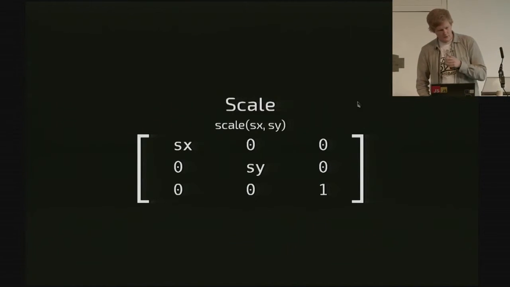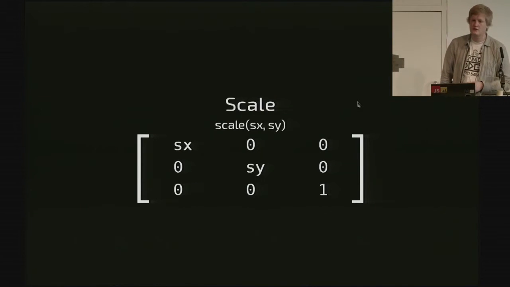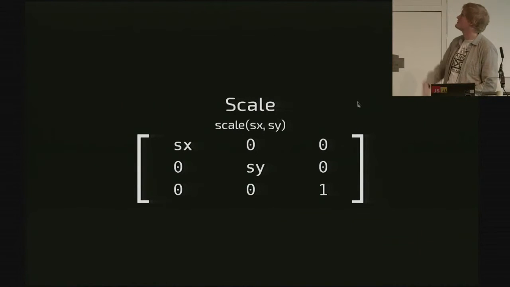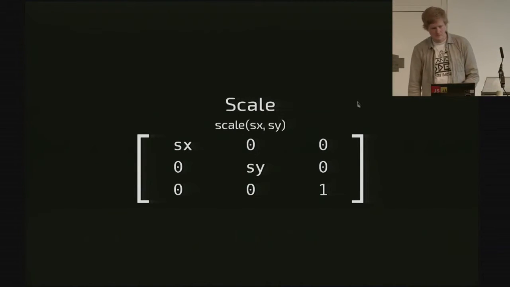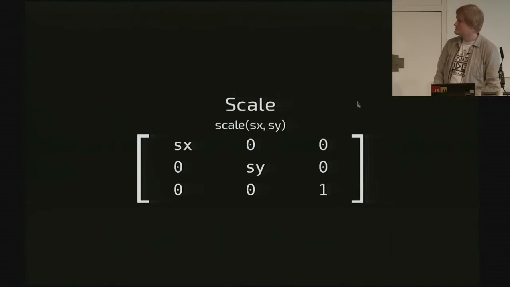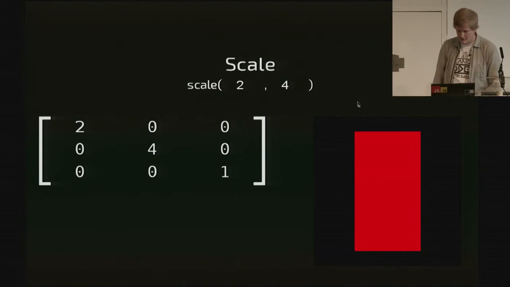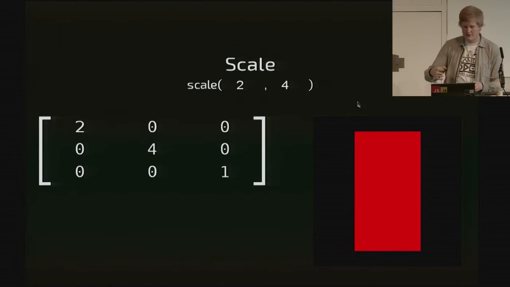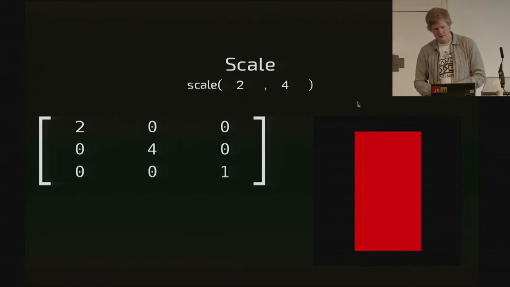The second transform is the scale transform. The scale transform works by multiplying the value of either the x or the y coordinate by a factor. And you can see the scaling factors are located at the diagonal of the transformation matrix. And when we are changing the scale, the coordinates of the point are multiplied by the scaling factor, resulting in the object increasing in size along the x-axis or the y-axis.